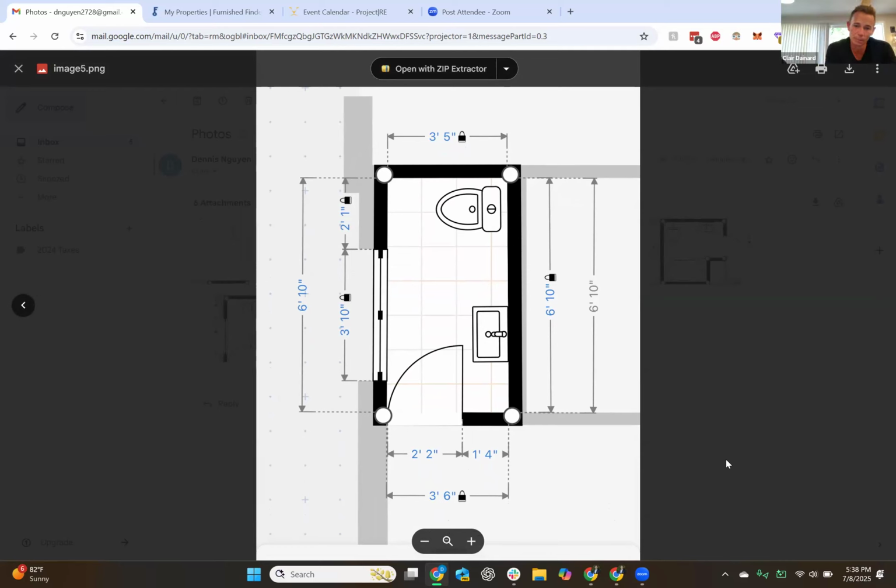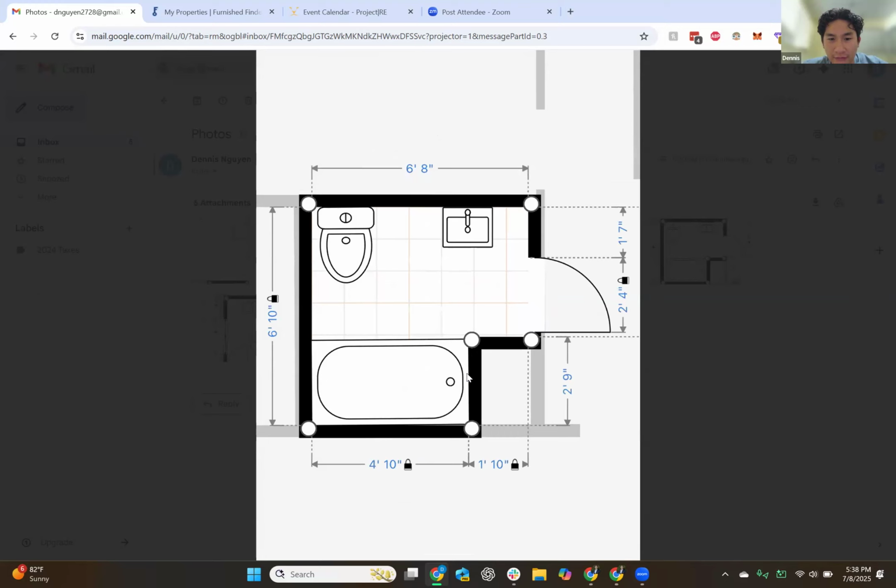So we're basically looking at 10'3" by 6'10". Does that sound right for the total space? I did not combine the total space, but yeah, we have about 3.5 and then 6.8. Okay, so that's what we're looking at.